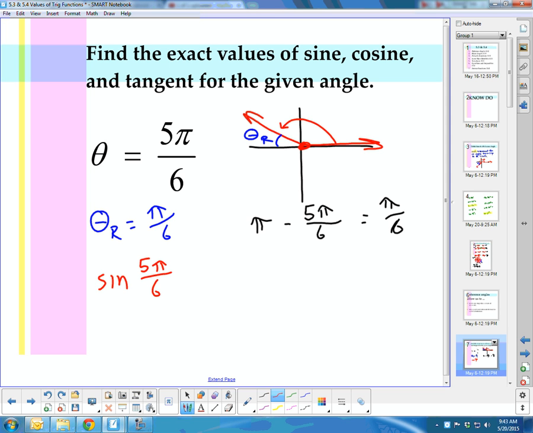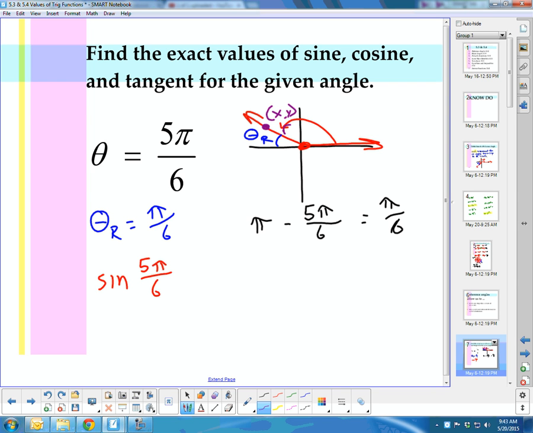Well, if I look at my diagram again, I would want to choose some point on the terminal ray with some x and y coordinate, and then some radius r.